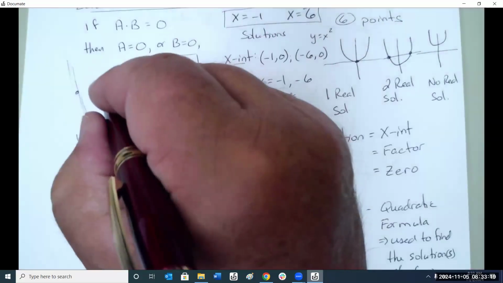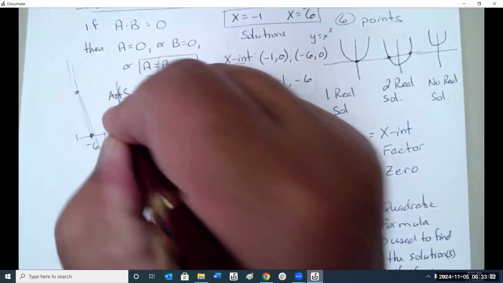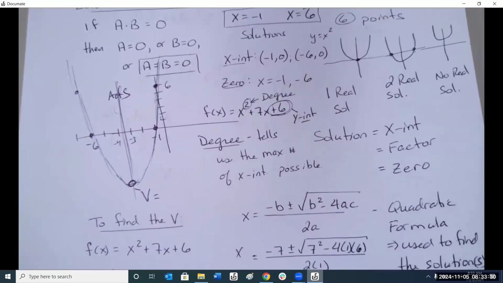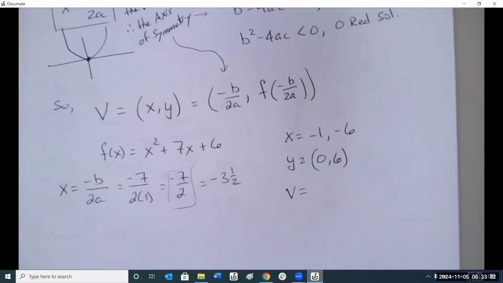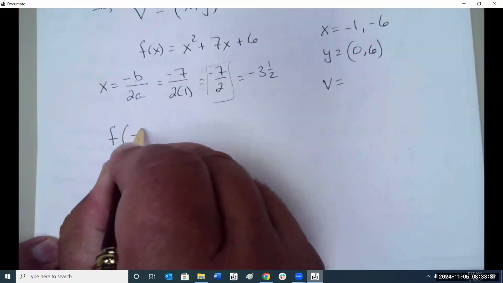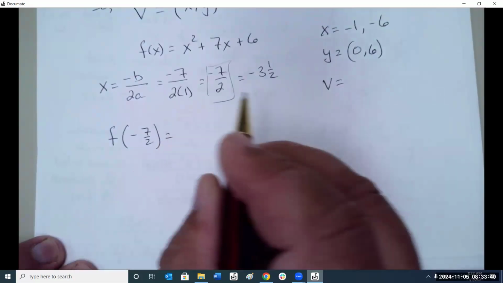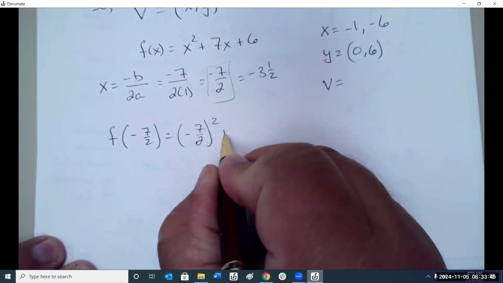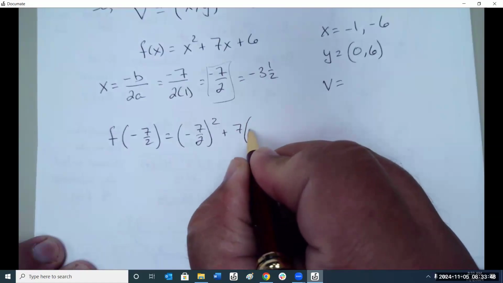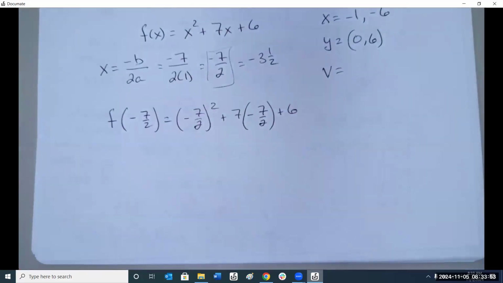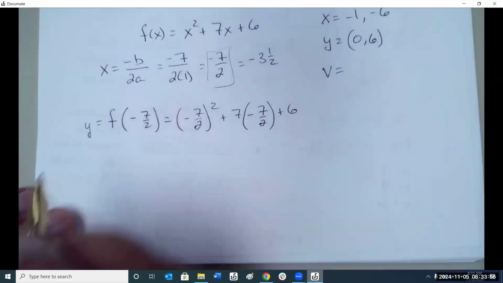So we know this is our axis of symmetry at x = -3.5, or -7/2. The actual vertex is at f of -7/2, which is (-7/2) squared plus 7 times -7/2 plus 6. This finds our y value.